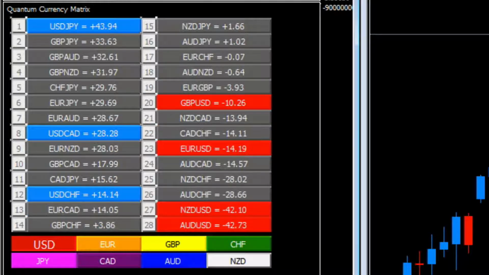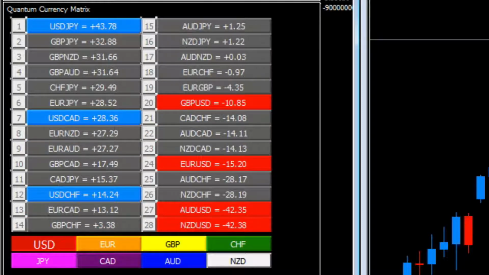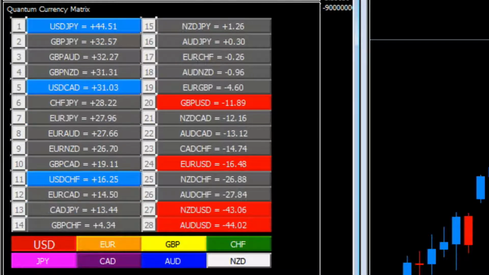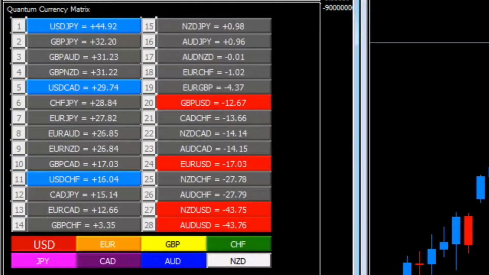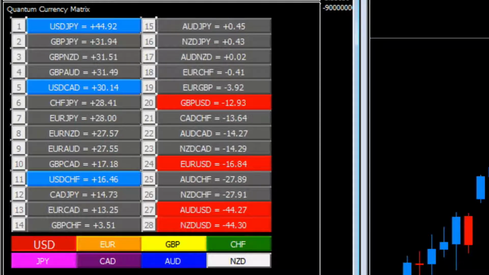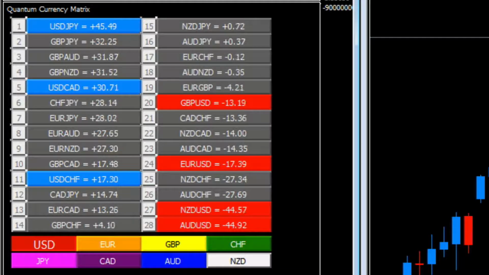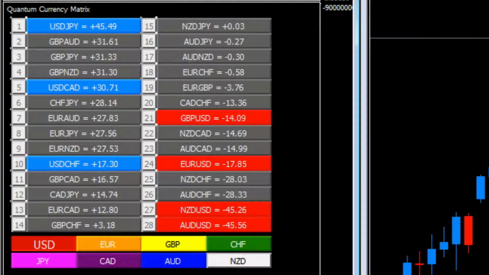If you were to move over to a manual matrix, where you were looking at the 7 charts of all the majors, then the ones that would be moving the most with strong trends in this time frame would be the New Zealand dollar, the Aussie dollar, and the dollar yen, because they are at the extremes. And we're going to look at extremes in a little more detail in another video.